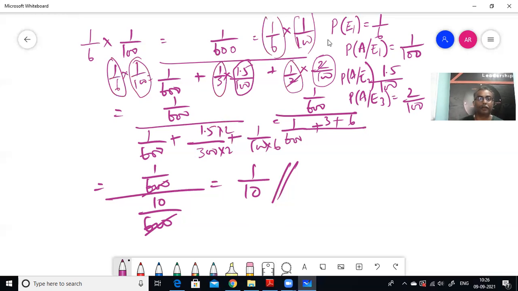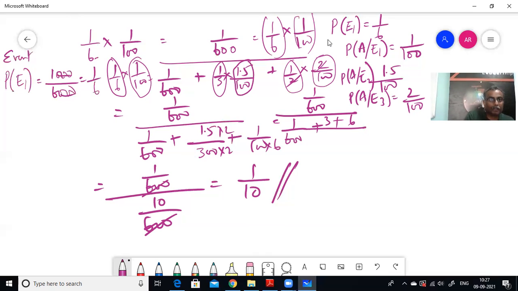What you have to find out is how you interpret the problem. You have to interpret it. So the important step, the first thing, is P of E1, machine E1. The probability that you will get the bolt from, what is the event? Event E1 is the probability that machine A manufactures it, which is 1000 by total number of screws, that is 1/6.